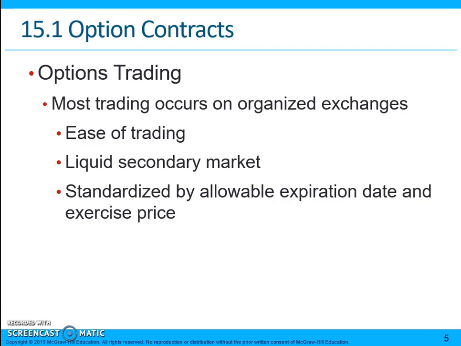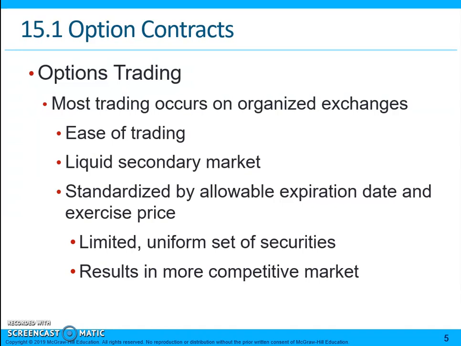The standard option contract is generally 100 shares, so this simplifies trading as well. Trading is also limited to a set of securities. There aren't options available for all stocks, only widely traded stocks. The result is a more competitive market.